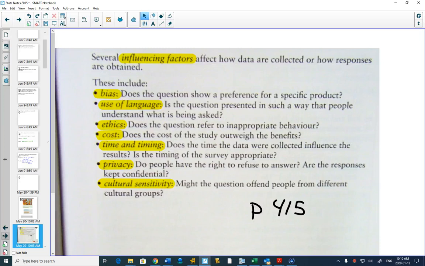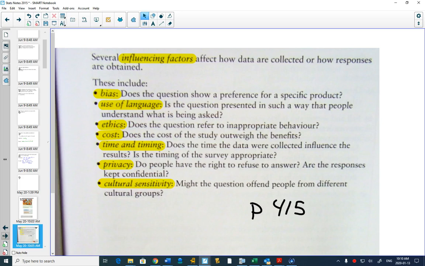When you're looking at a survey, if it costs way too much, it may not be worth doing. Like if you have to pay someone to ask people questions, okay, right? It may not be worth it to find out, do you like the color blue? I'm going to ask 2 million Canadians this question.